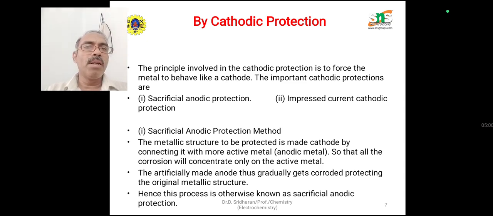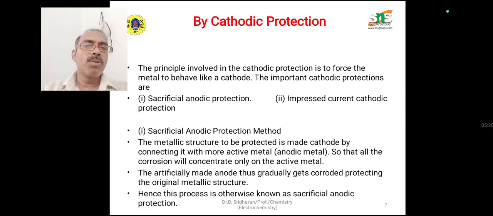The principle involved in cathodic protection is to force the metal to behave like a cathode. There are two types available: the sacrificial anodic protection and impressed current cathodic protection. The first one is the sacrificial anodic protection method.